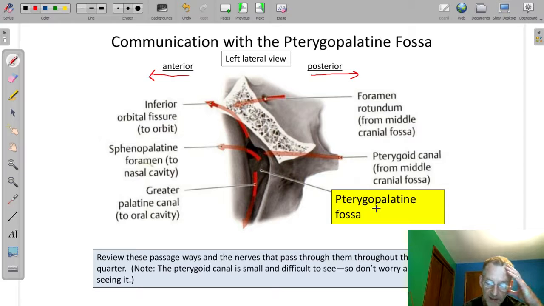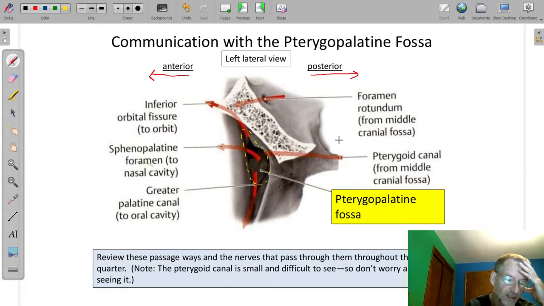And here is the pterygopalatine fossa. And it's more or less like the yellow dashed line. And there are different passageways that connect to it.